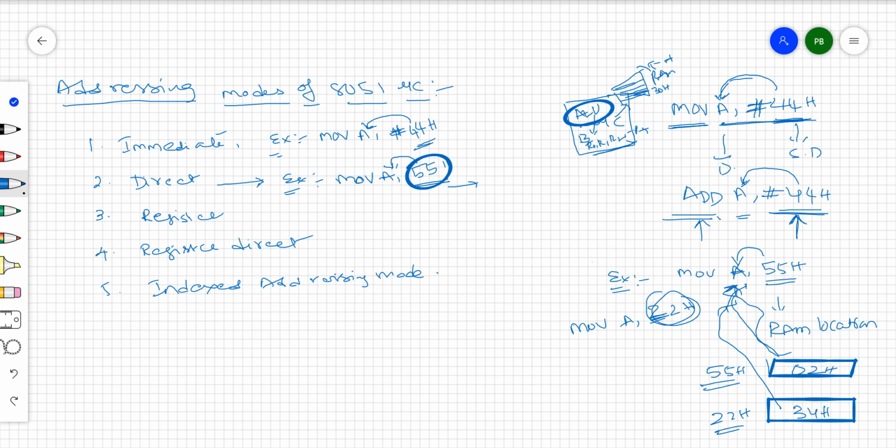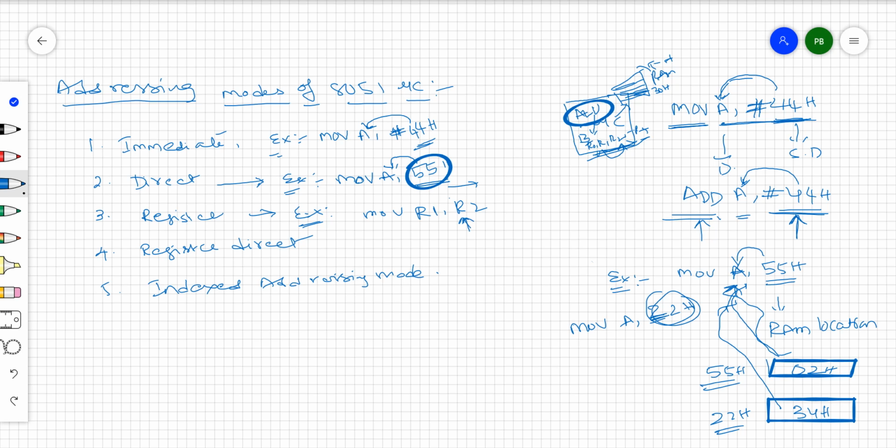If you see the register addressing mode, an example here is MOV R1, R2, right? We have general purpose registers, R0 to R7, right? We can move data from one register to another register. Here the source register is R2, right?